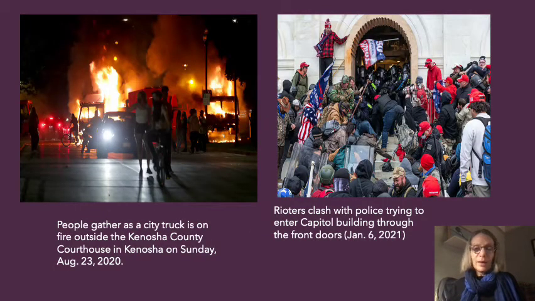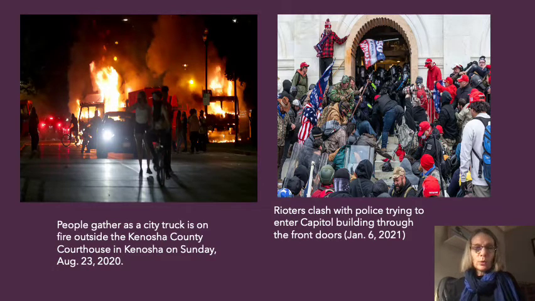There, of course, have been several recent examples where peaceful and protected protesting transforms into something that is violent and illegal. And I put two pictures up there. One from the protests in Kenosha in 2020, following the shooting of Jacob Blake in Kenosha. We're all very familiar with it, coming out of the verdict in the Kyle Rittenhouse case.